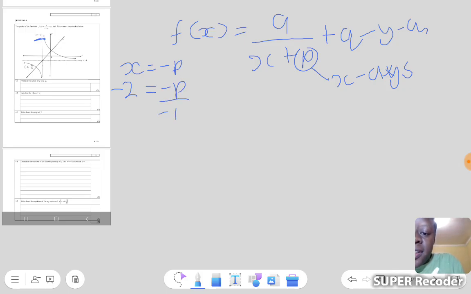Divide here by negative 1, divide here by negative 1, then our p will be equal to 2, like this. Then for q, we'll write it like that because it's our asymptote, negative 1.